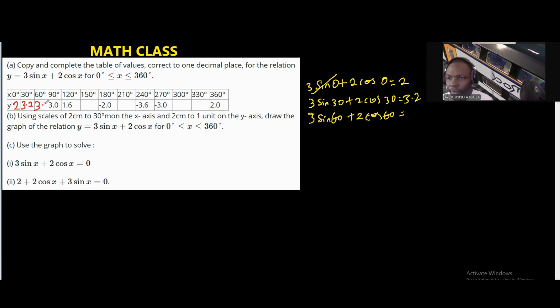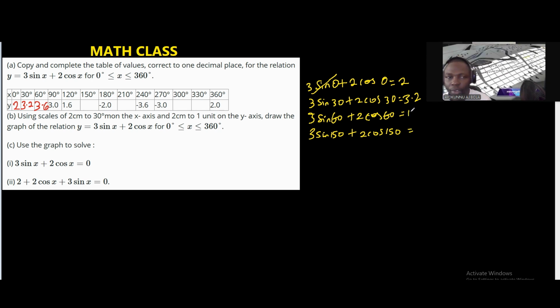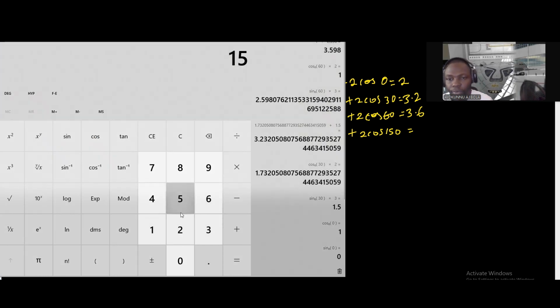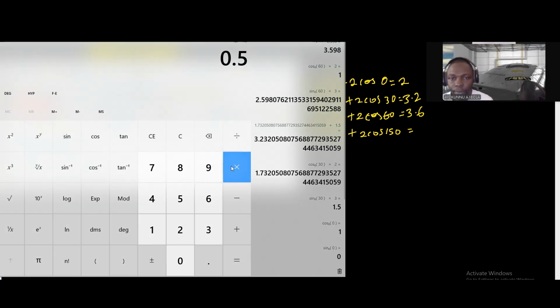So x equals 90 has been done, x equals 120 has been done. So let's check for 150. So when x is 150, then we have to write 3 sine 150 plus 2 cos 150. So let's get sine 150 and multiply by 3. Sine 150 is 0.5.